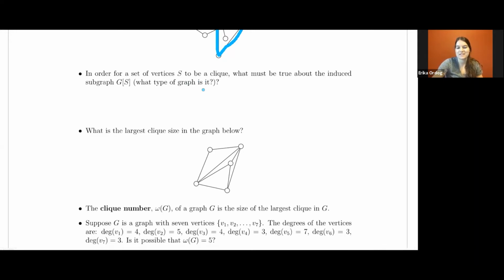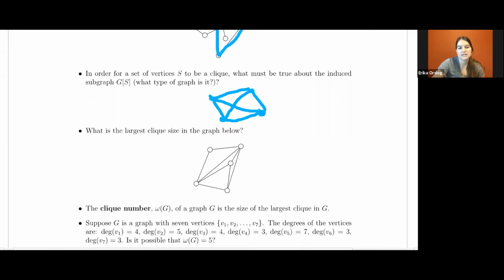Now that you're back, let's talk about it. If S is a clique, that means that each pair of vertices in the induced subgraph is adjacent. So if our induced subgraph has 4 vertices, then for every 2 vertices, there's an edge between them.